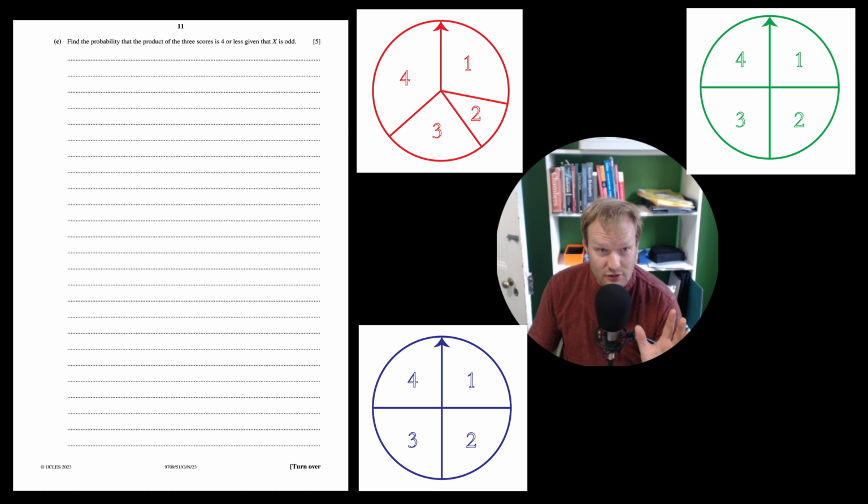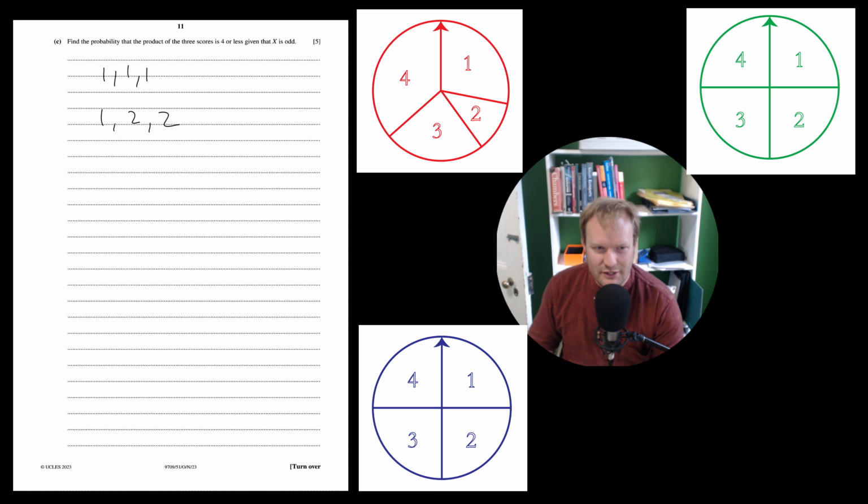So just note that quickly: the product, not the sum this time. So we could have things like 1, 1, 1, since 1 times 1 times 1 is, of course, less than or equal to 4. And we could also have things like 1, 2, 2, that would work, right? Because 1 times 2 times 2 is 4.